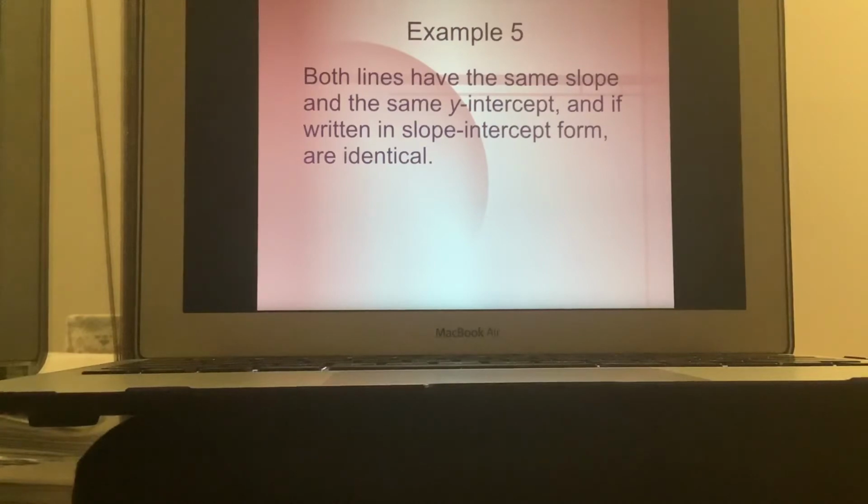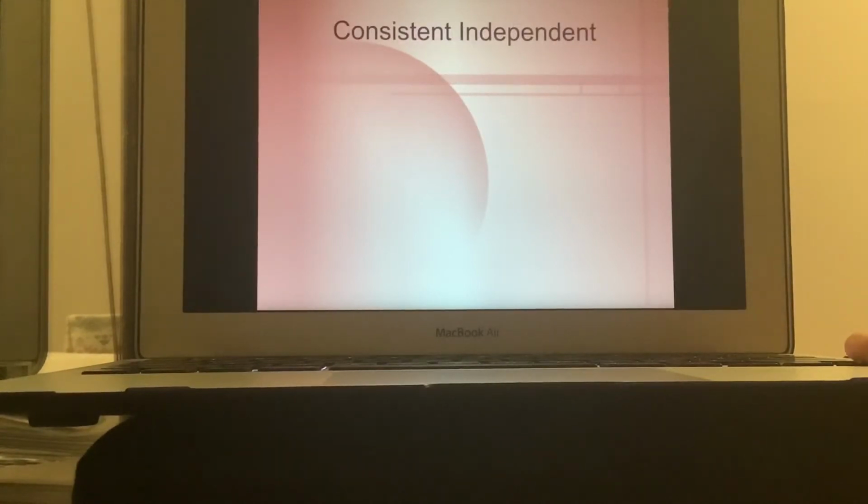Since x is already isolated, you can plug -y plus 2 back into your equation for x and then solve for y. You can see the rest of that solution in your textbook, page 303.